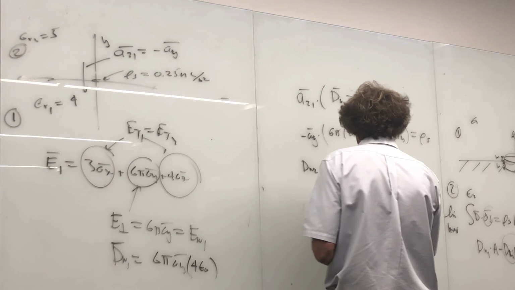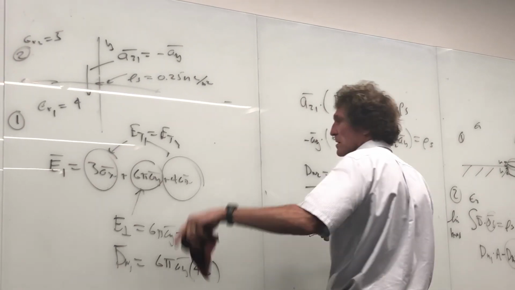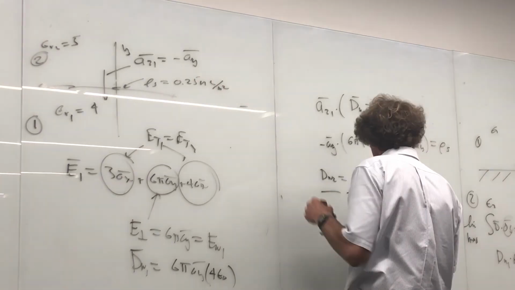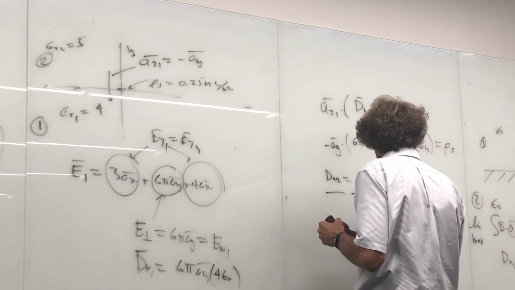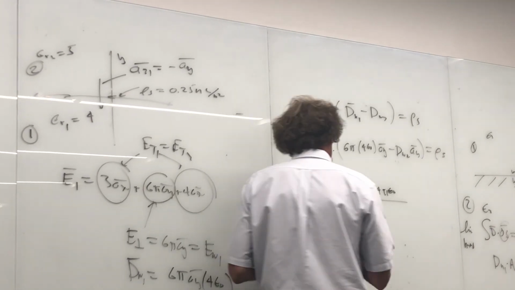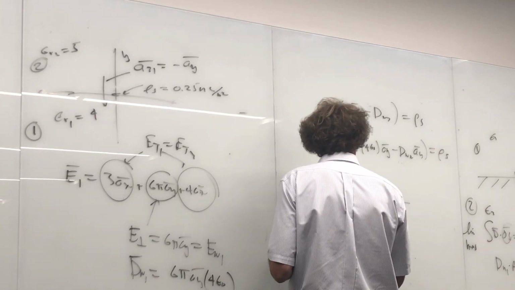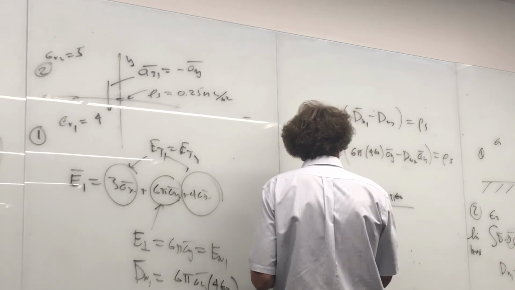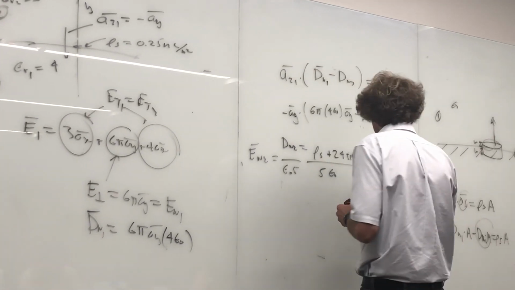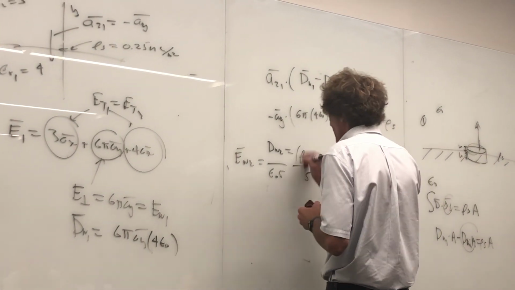So then I divide this by what? It's 5, right? Times epsilon naught, right? That's epsilon relative 2, and that would be equal to epsilon naught times 5. This would be E normal in region 2, and it would be in the AY direction.